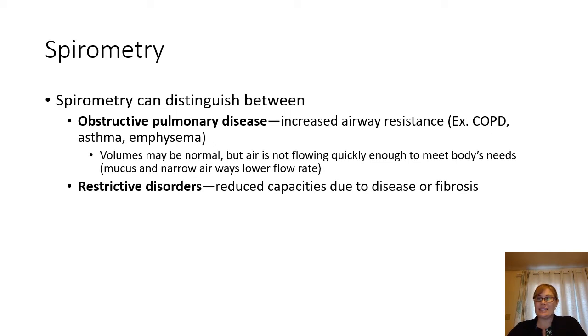Spirometry can distinguish between different disorders. Some disorders that might cause an issue with breathing could be obstructive diseases. Examples would be COPD, chronic obstructive pulmonary disease, asthma, and emphysema.